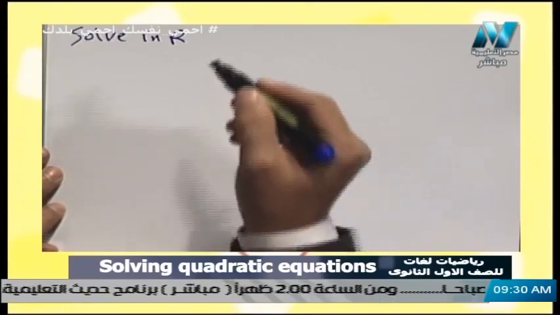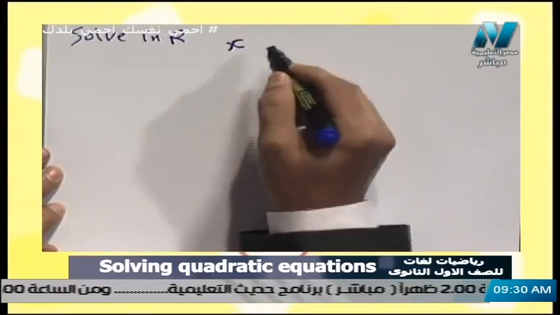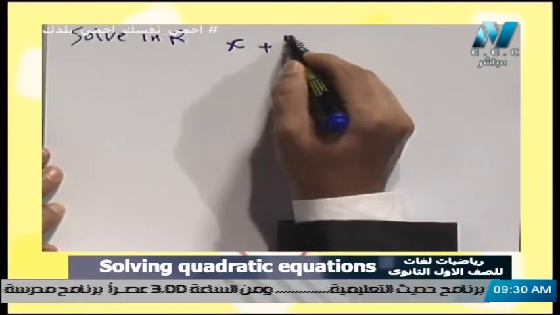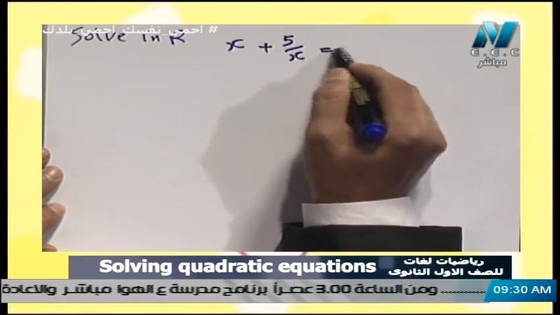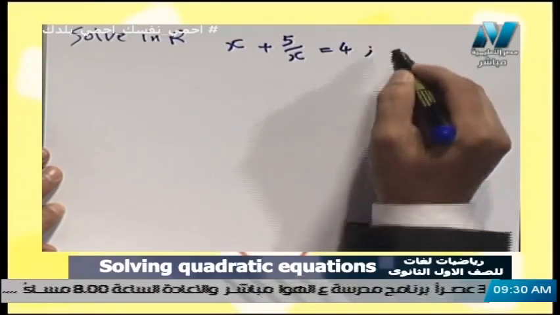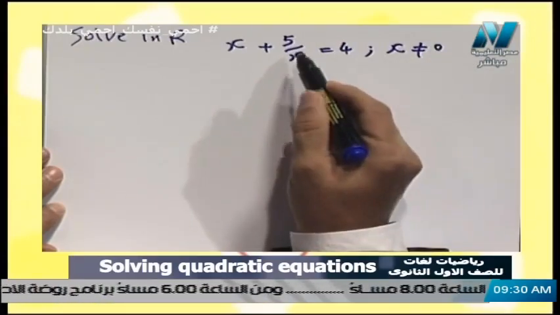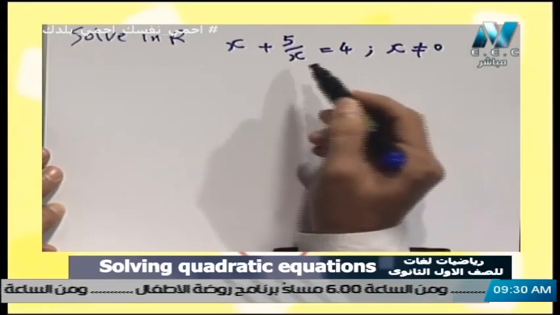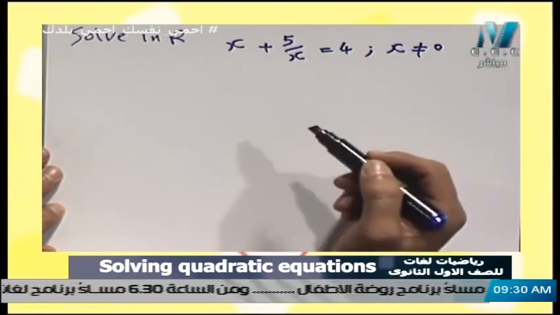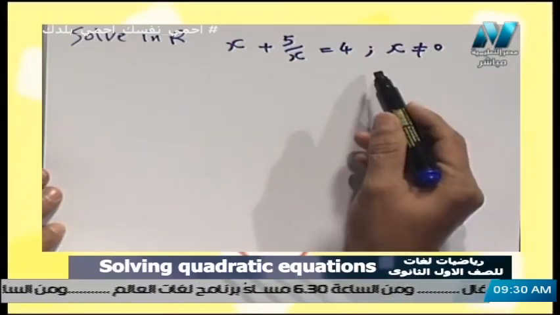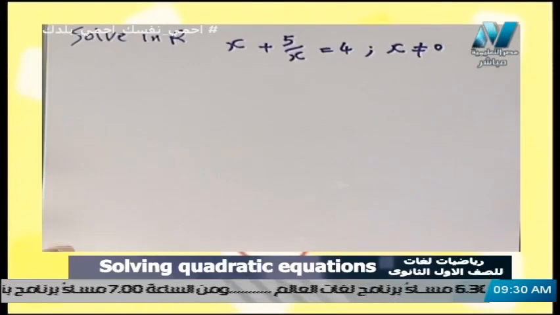We have an equation which is x plus 5 over x equals 4, such that x doesn't equal 0. It cannot be 0 here because 5 over 0, as you know, is meaningless. Okay, we have here an equation, but we have a small problem here.